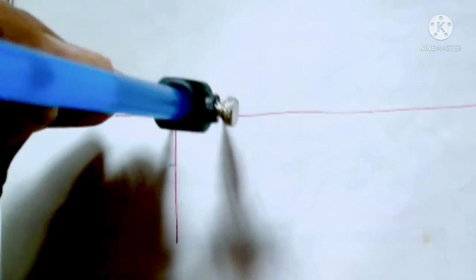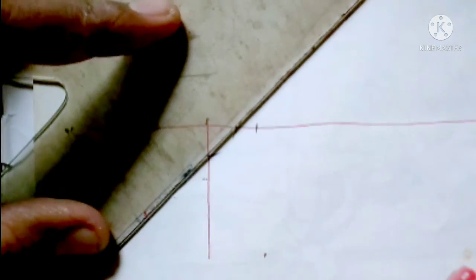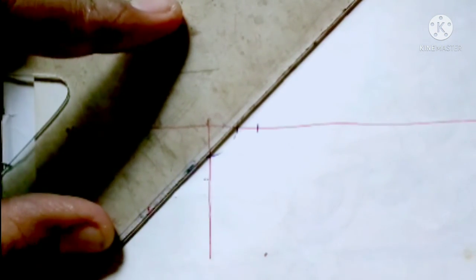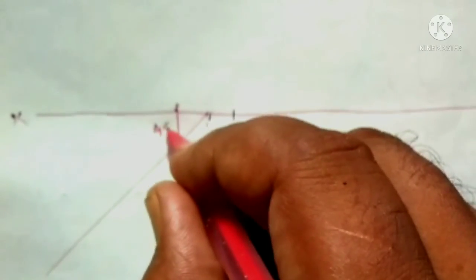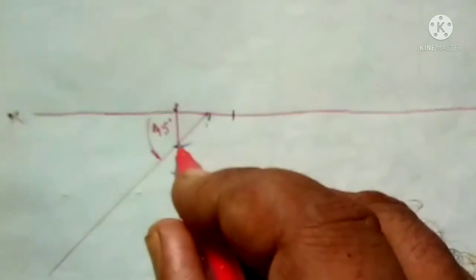Cut these two lines by drawing an arc. Now join these two points by a line and then extend this line. As we took the same distance, this angle must be 45 degrees.